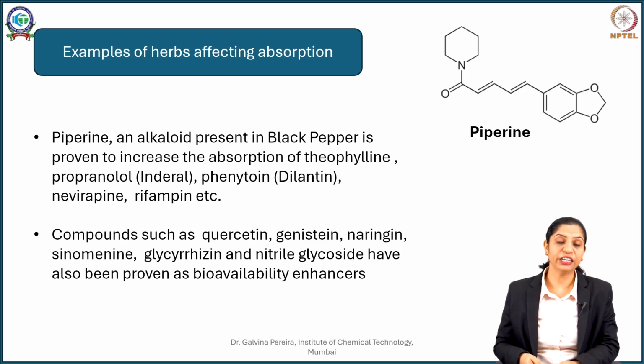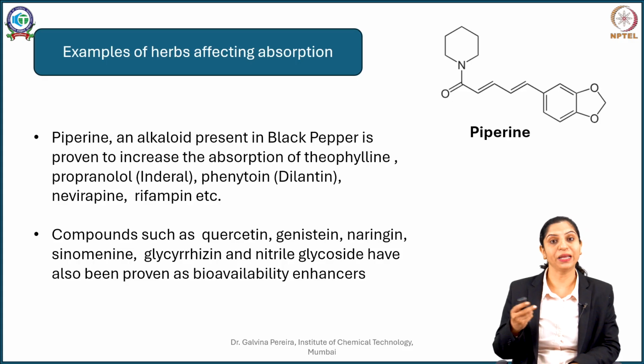If you see the literature, there are numerous case reports where piperine or consumption of black pepper has been proven to increase the bioavailability of drugs such as theophylline, propranolol, phenytoin, nevirapine as well as rifampin.